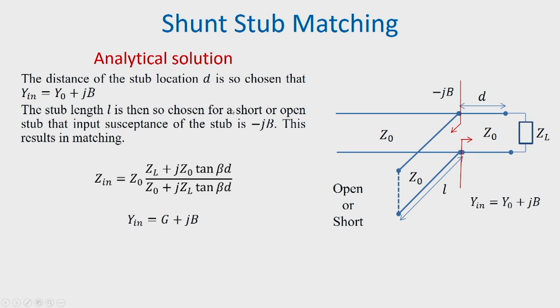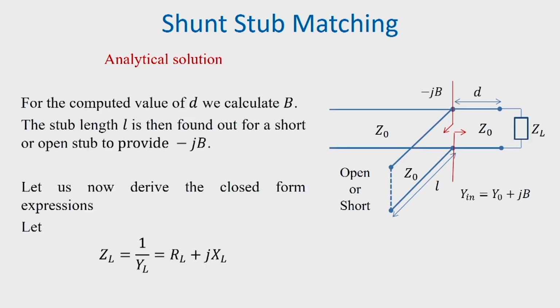We have already stated that we choose this d in such a way that this G becomes equal to y naught. That means, we equate the real part of y in, G, to y naught and find the solution for d. Then once we have the computed value of d, with this we find out B, and then the stub length L is found for a short or open stub to provide minus jB.